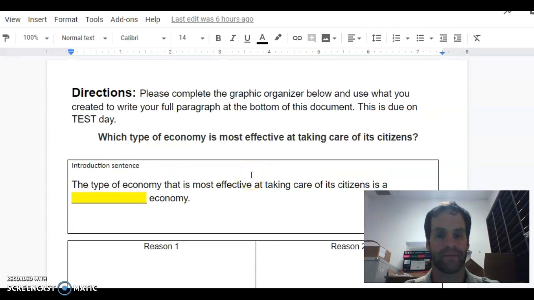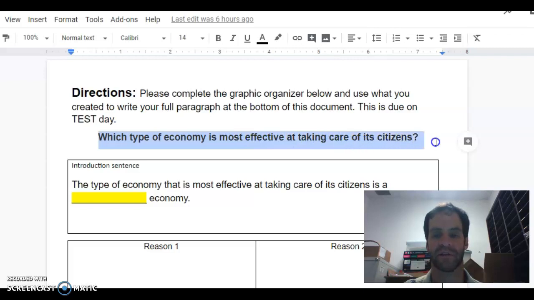Starting at the top, you're going to answer the question, which type of economy is most effective at taking care of its citizens? Your introduction sentence, you're going to answer that question with an economic system of your choice.